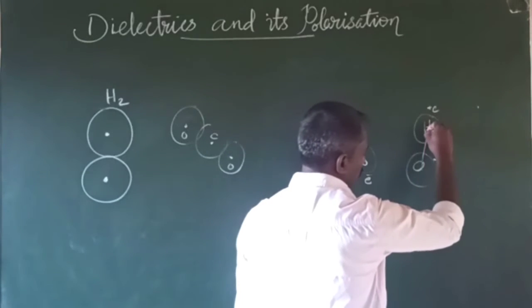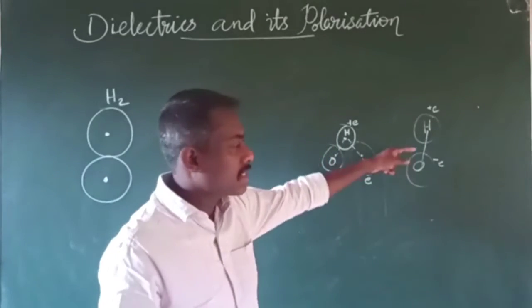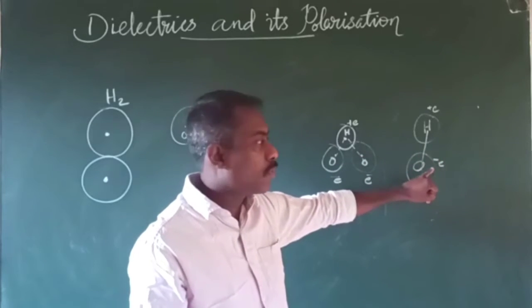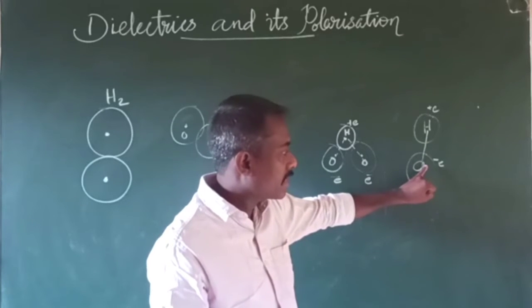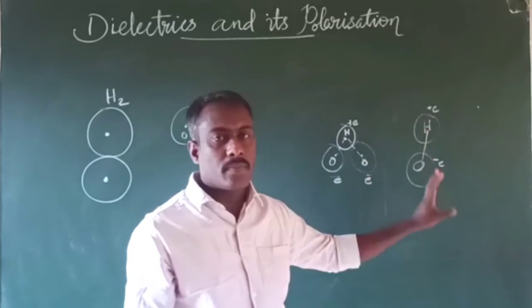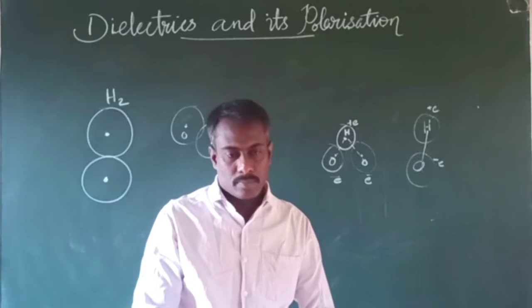Due to this difference in positive and negative charges, it acts as an electric dipole, and an electric dipole moment is produced, always directed from the negative charge to the positive charge. Therefore, these molecules are known as polar molecules.